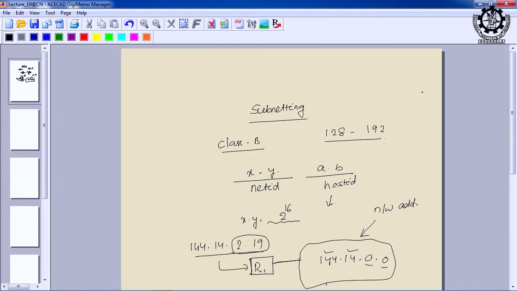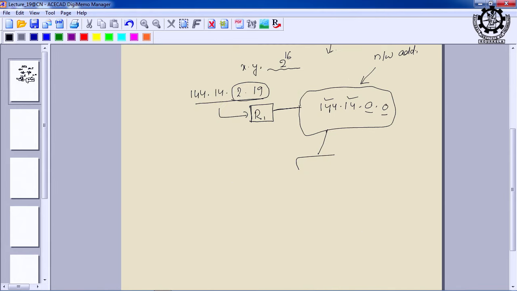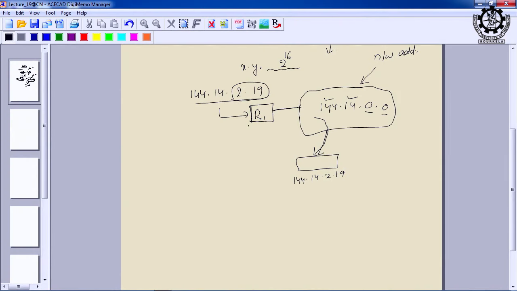So, it identifies the host with the IP address 144.14.2.19 and delivers the packet to it, finding its MAC address and corresponding IP address, all those things that we will see later. So, the router's job was to get the packet and deliver it to the corresponding host.